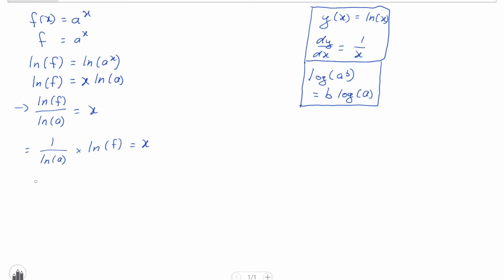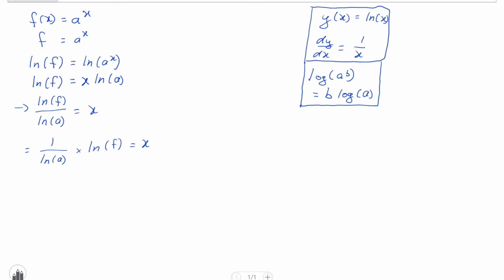That means I can now find the derivative of x with respect to f, whereas before, what we had was finding the derivative of f with respect to x. It kind of seems like this is not really what we want to do, but I'll show you why this helps us.